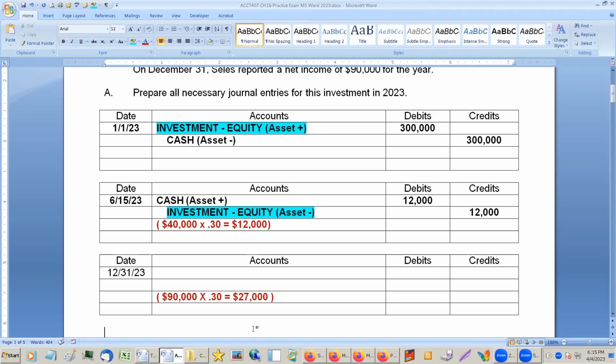You debit the investment equity and then credit investment income. Yep, very good. So our investment equity.